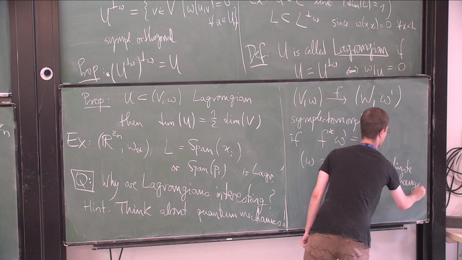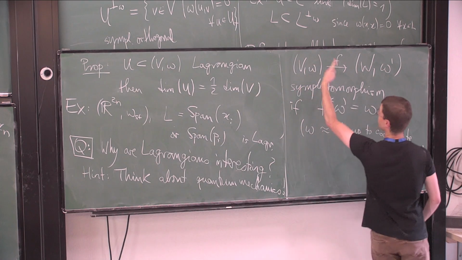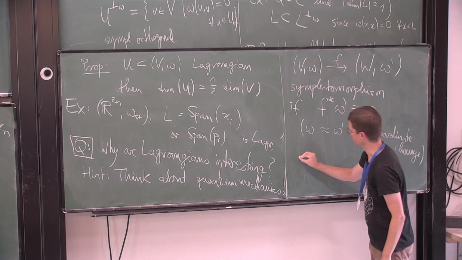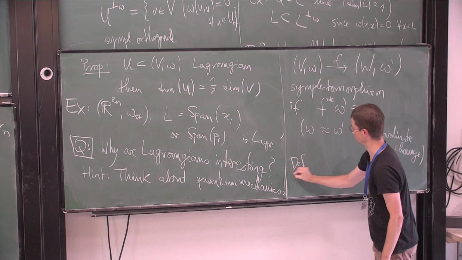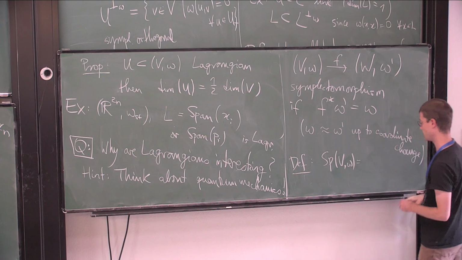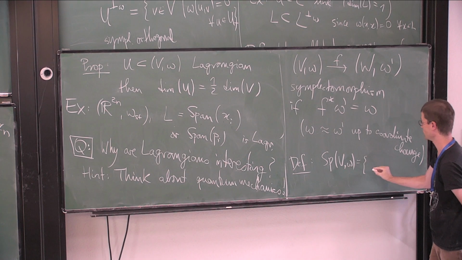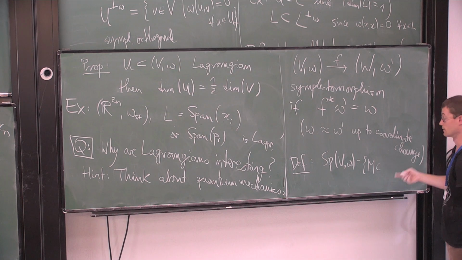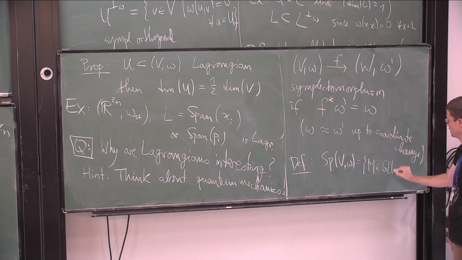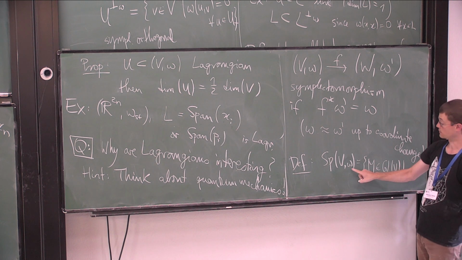And in particular, we are much interested in transformations of the vector space to itself. So there's this definition of a symplectic group, Sp(V, W). It's the space of all linear transformations, so the space of all invertible matrices in GL(V), such that this form omega is preserved.